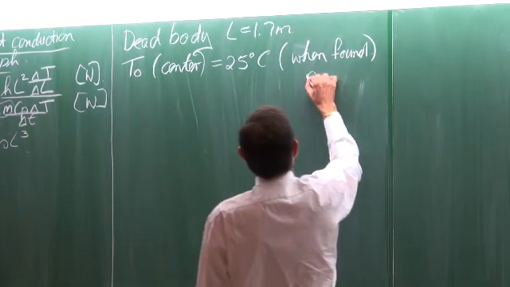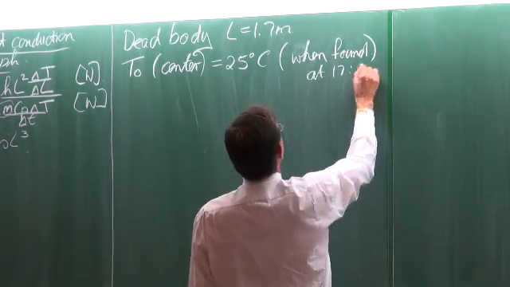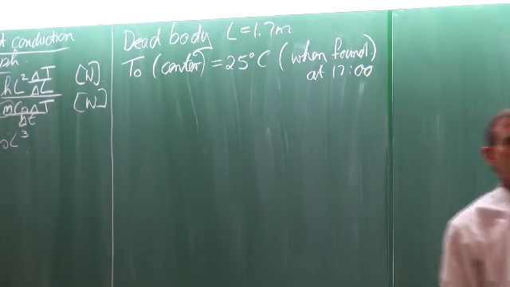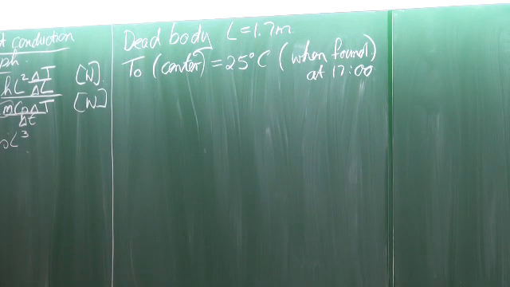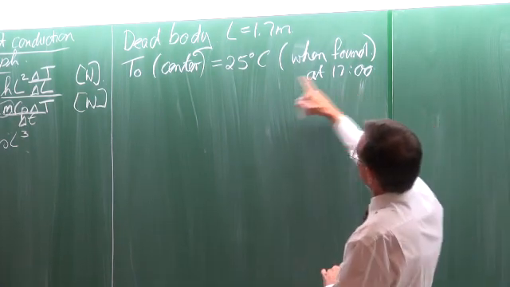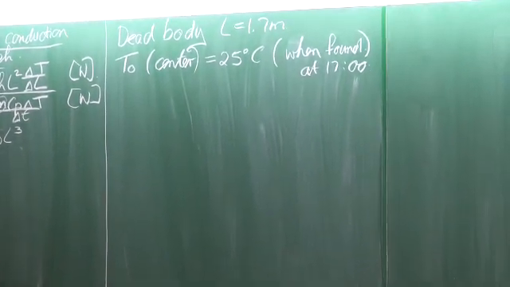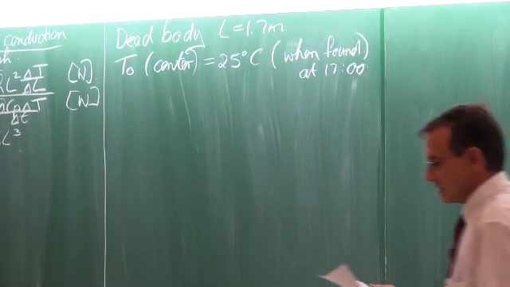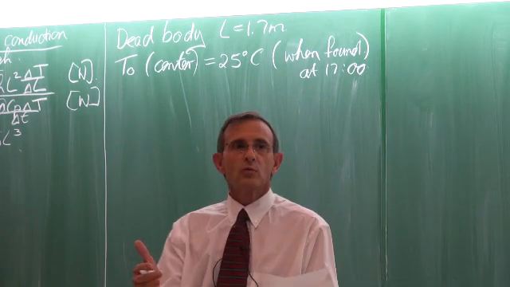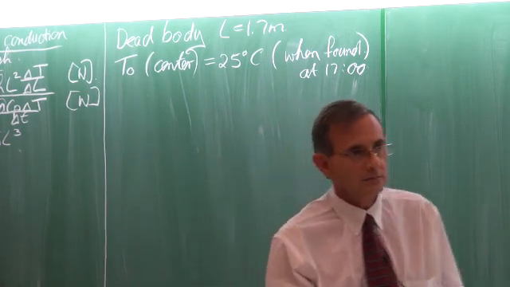And that was then at 1700 hours. So at 5 o'clock in the afternoon, the dead body is discovered, and the temperature is measured in the center of the dead body, 25 degrees Celsius. Right. So the problem is now, what was the time of death?